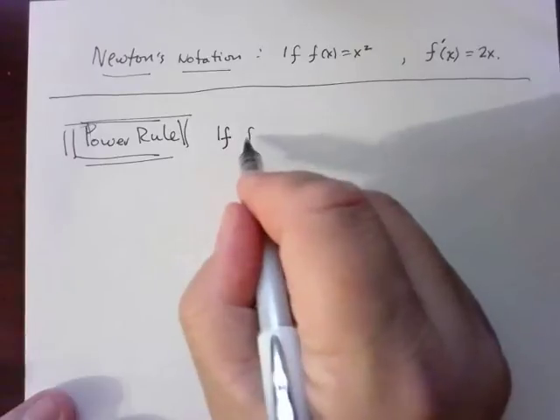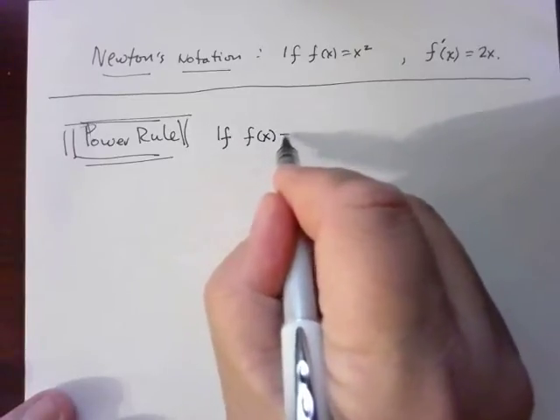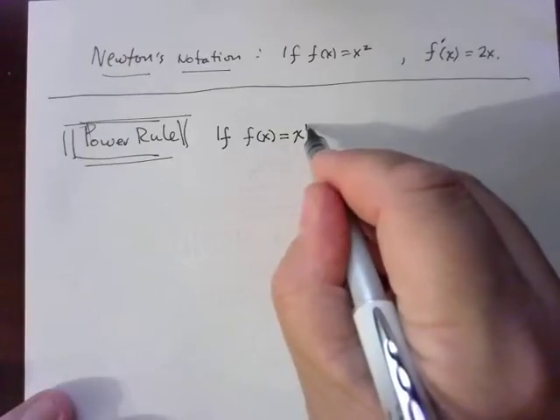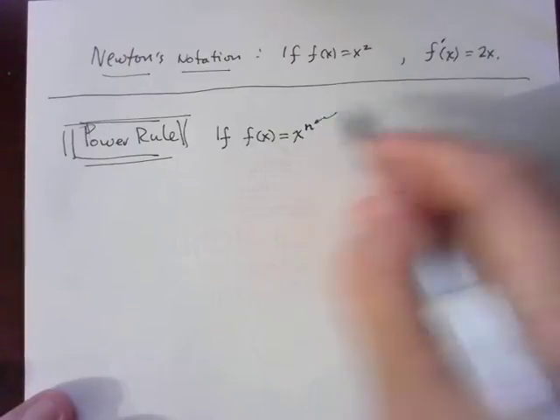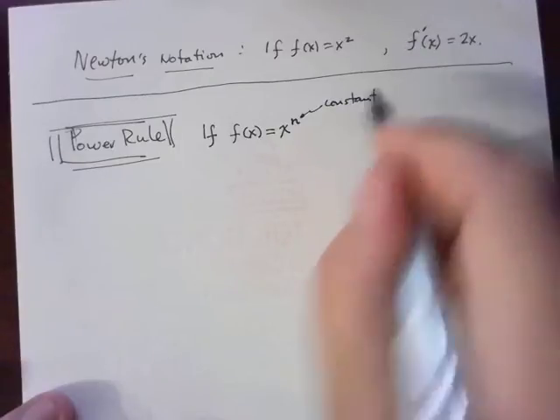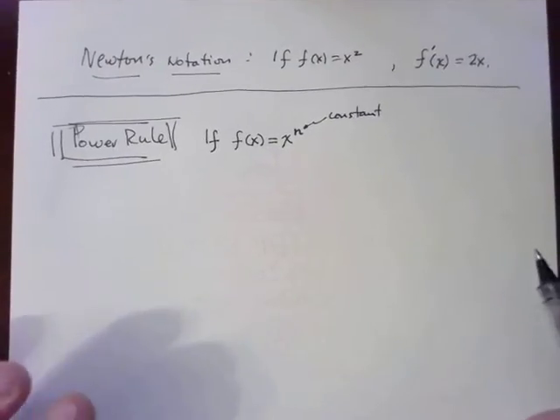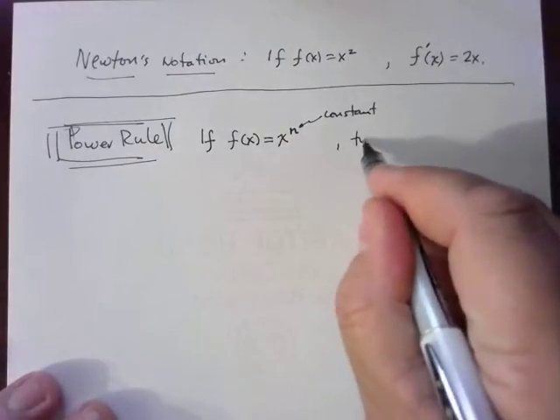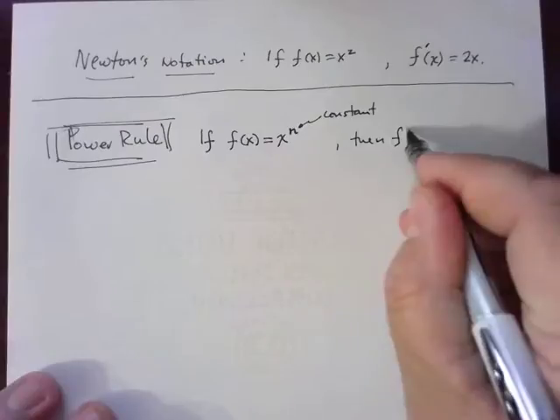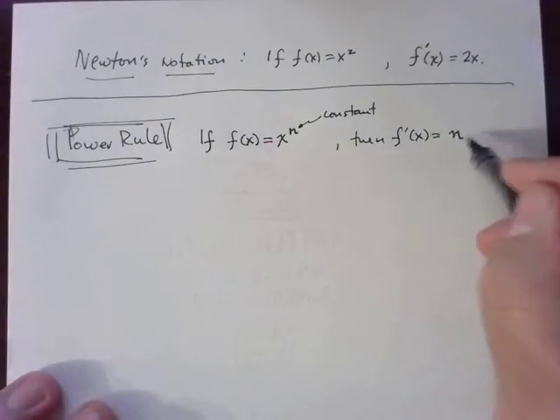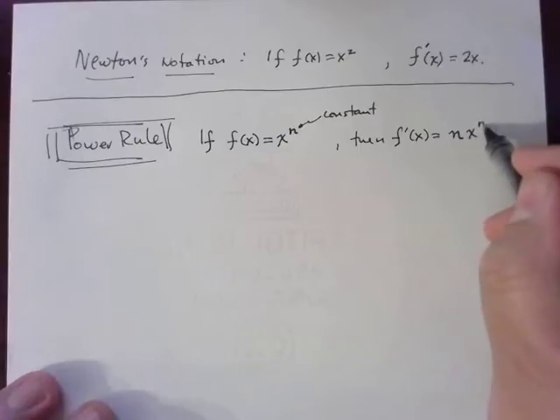And it simply says this: if f of x is x to a constant power, this has to be constant here. So that's n represents a number, 2, 3, 4, 1/2, whatever, any number. Then f prime of x is n x to the n minus 1.